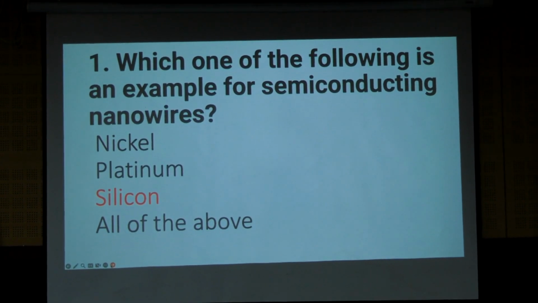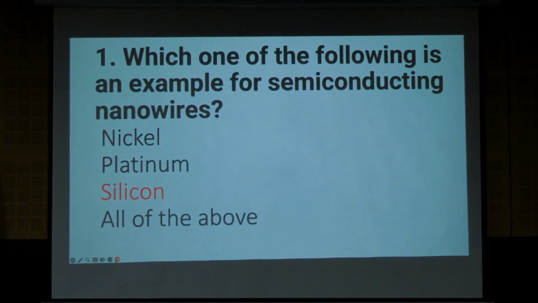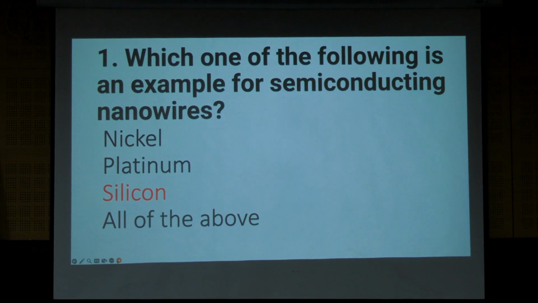Yesterday I told you that with matter, the band gap also changes. Depending on the band gap, we have classified the materials as semiconductor, insulator. So if the material is a semiconductor, it has a certain band gap. If the material is a metal, it has a small band gap. So the answer is silicon.